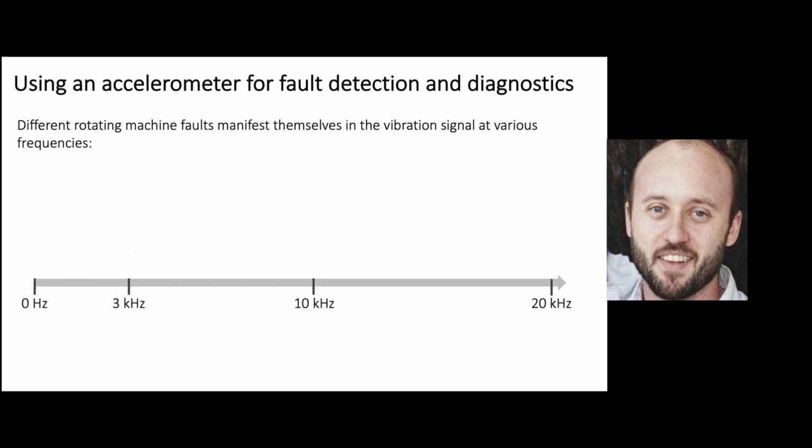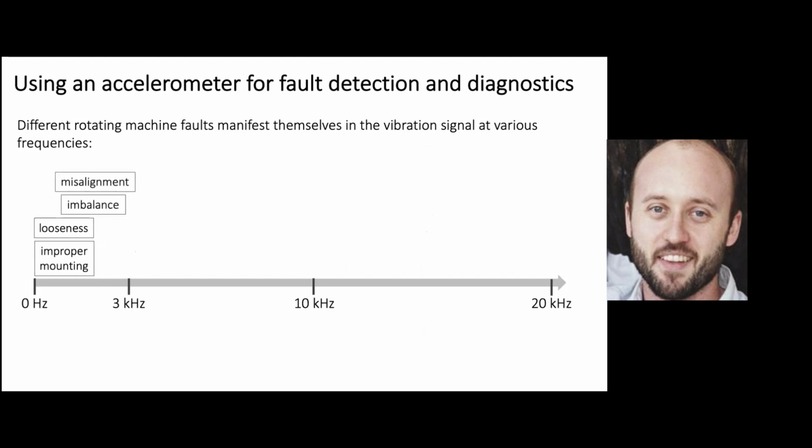So back to this spectrum that we talked about in session 1, we have different rotating machine faults that manifest typically at different frequencies. So we talked about how at lower frequencies, something like looseness or improper mounting will occur, something that is much higher displacement motion, something that we can see with our eyes.